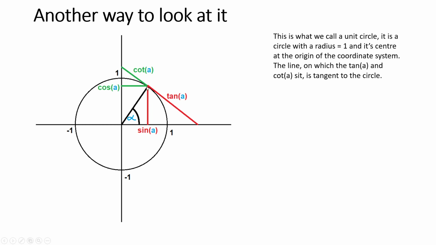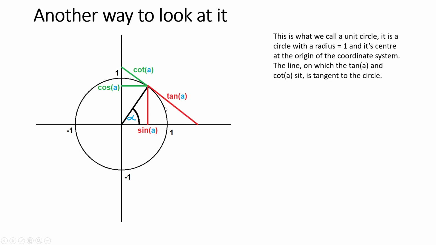Then the tangent alpha. Tangent alpha is opposite by adjacent, and here the adjacent is the radius of this circle.